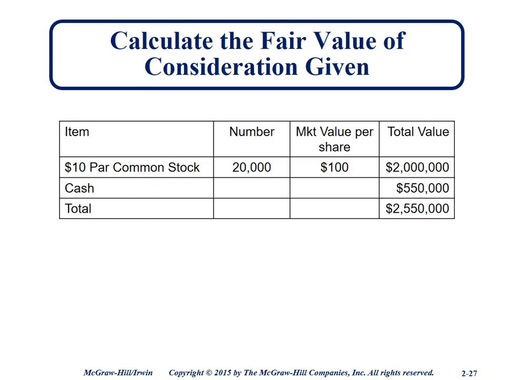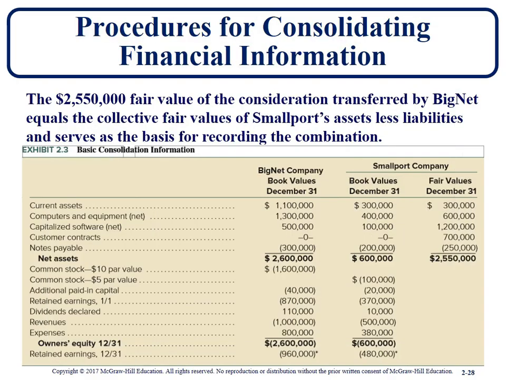Okay, so this is the calculation that I just did: the stock, the cash, and the total. Now, this is the books of the companies. The first column represents the books of BigNet, their book values as of December 31st. Then you have two columns for Smallport.